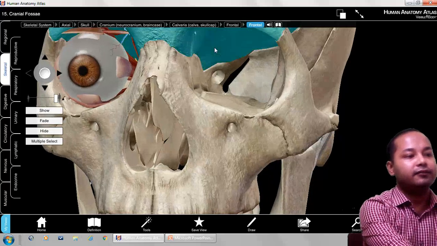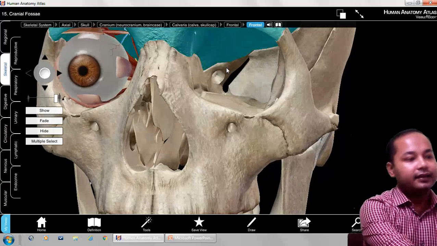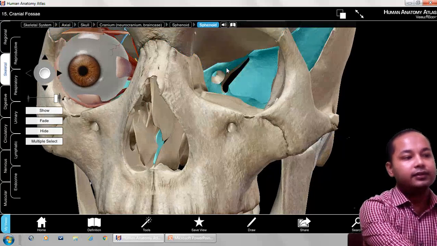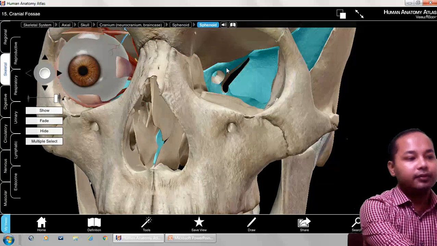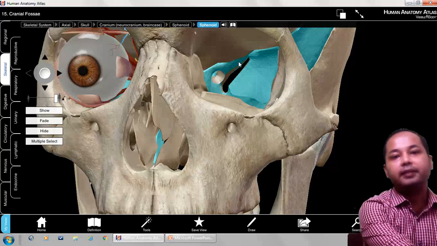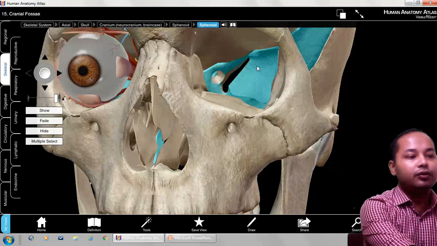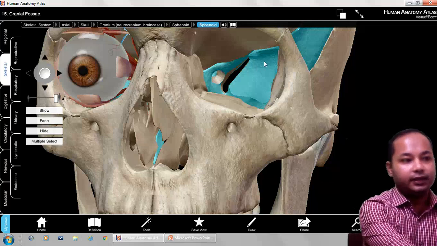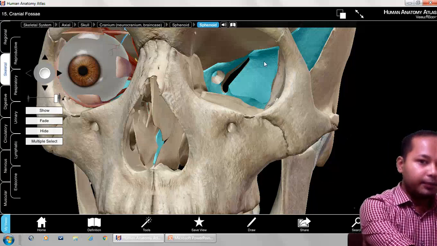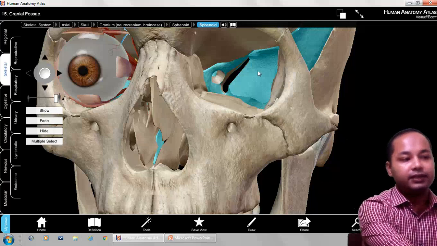Number one, it is the frontal bone, and the second is the lesser wing of the sphenoid. Please do remember that this is the lesser wing of the sphenoid only, because in animation anything may be coming into view, because the whole of the sphenoid bone makes up some parts of the upper margin, some part of the medial margin, and some part of the lateral margin also.